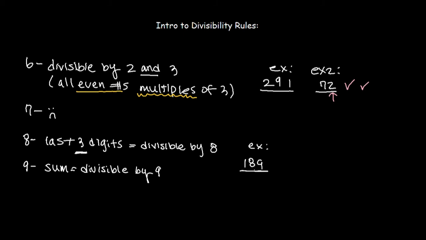Let's look at the sum of all the numbers. 1 plus 8 equals 9, and 9 plus 9 equals 18. Is 18 divisible by 9? Yes, it is. So, we know this is divisible by 9.